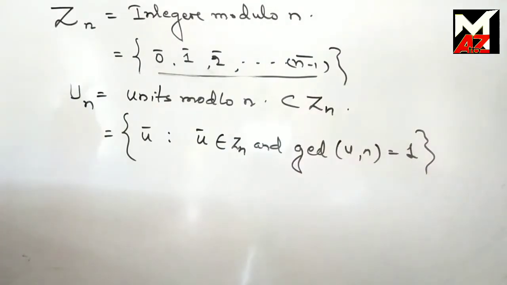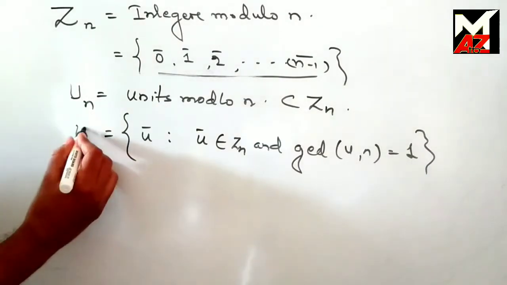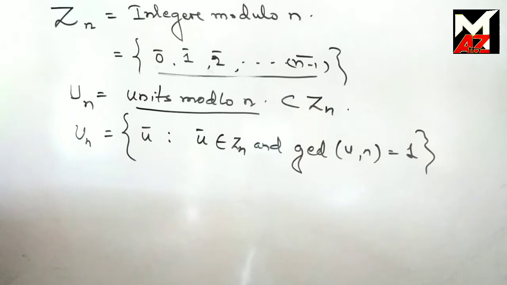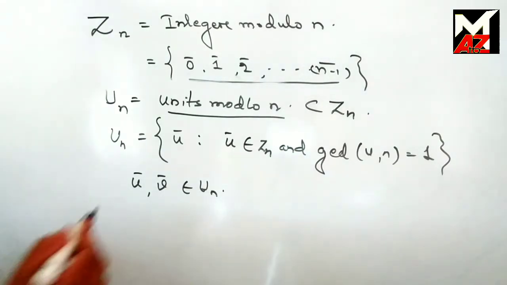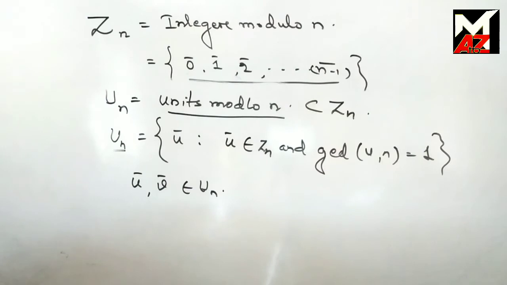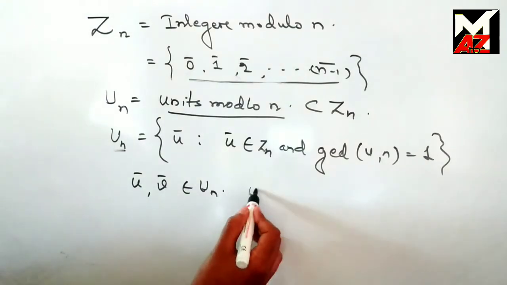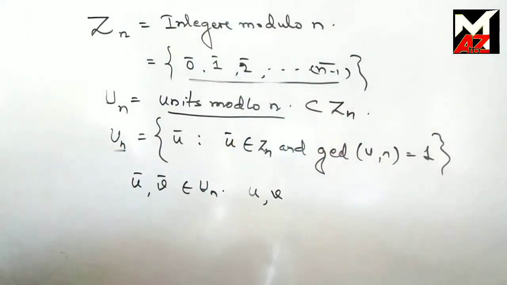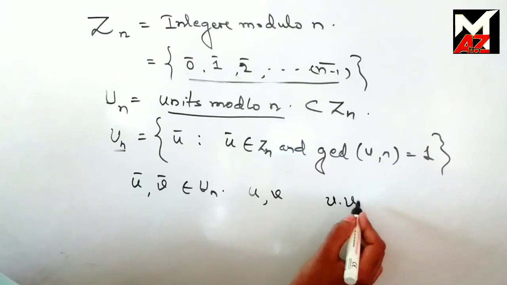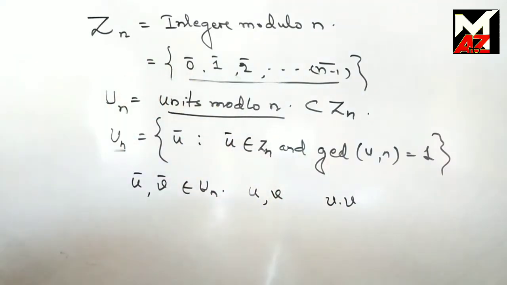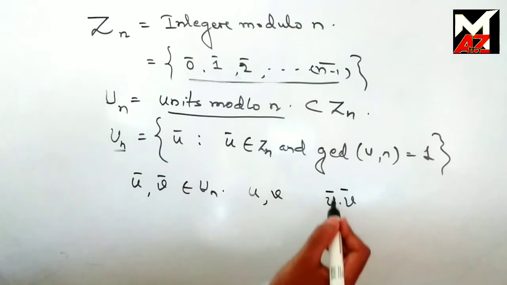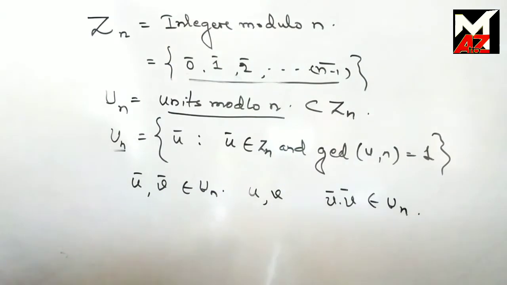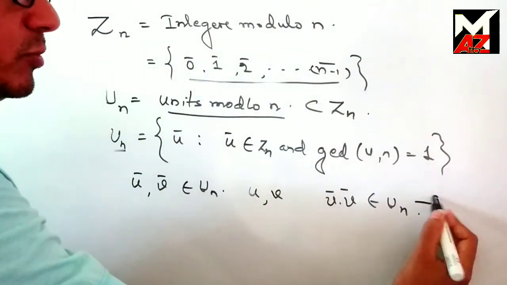Now we have to show finally that Un, the set of units modulo n, forms a group. Here we take two elements, U bar and V bar of Un. So U and V are both prime to n, so we say that U into V must be prime to n. That is, U bar into V bar must belong to Un. So this is the closure property, the first property of a group.